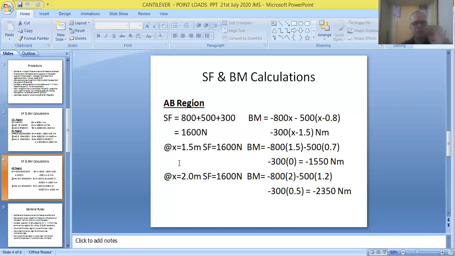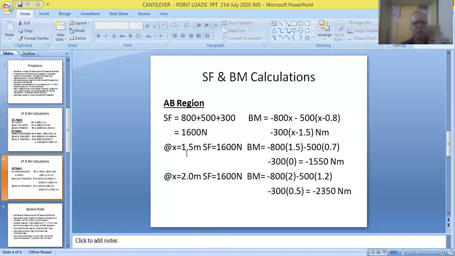You substitute the value of X, you take the value of X as 1.5 and get the first set of SF and BM values. Secondly, you take the value of X as 2 meters and use it in these equations. So we get the second set of SF and BM values.